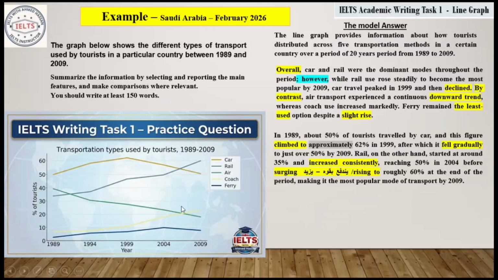In 1989, about 50% of tourists traveled by car, and this figure climbed to approximately 62 percent in 1999, after which it fell gradually to just over 50% by 2009. Excellent.